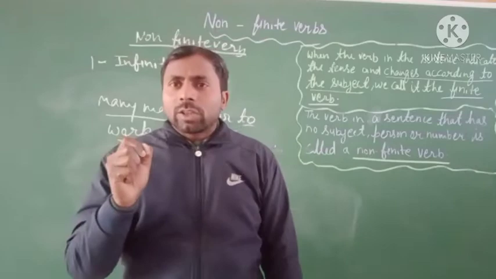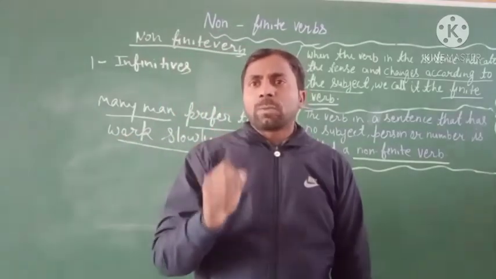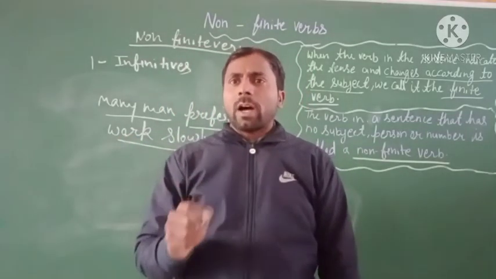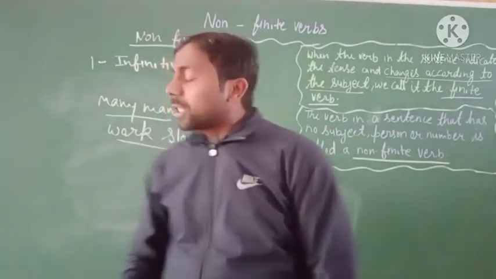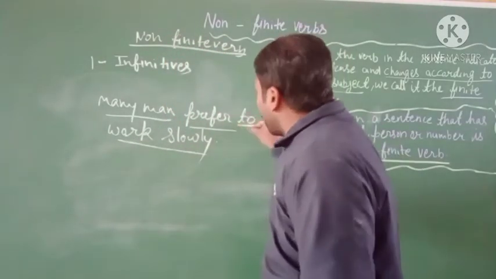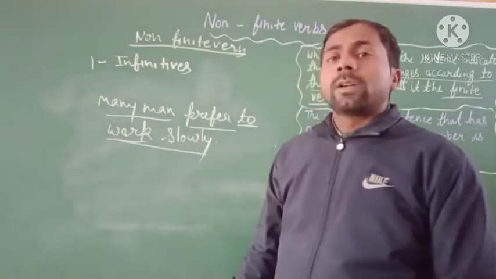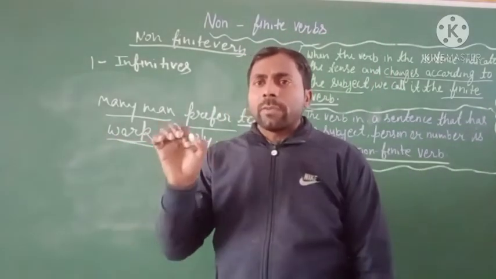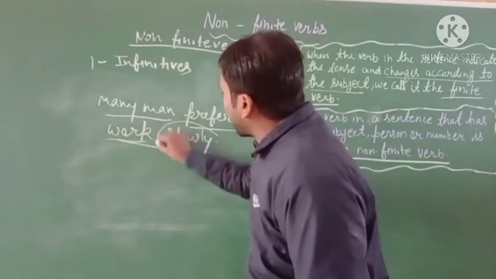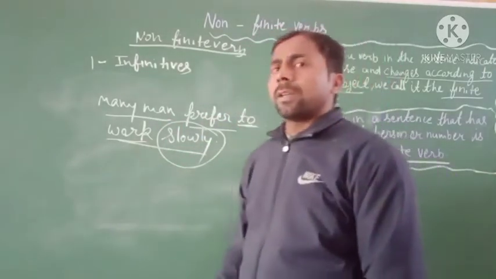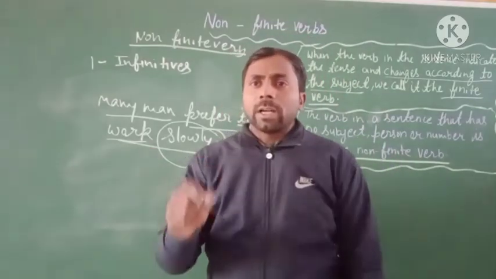So the infinitive can be the object of the verb and also modified by an adverb. So you can see here "to work" is an infinitive verb, and it is modified by "slowly".